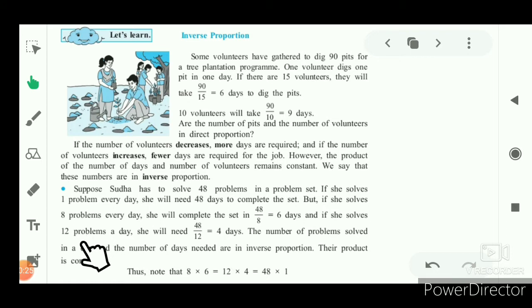And if she solves 12 problems a day, she will need 48 by 12, that is 4 days. The number of problems solved in a day and the number of days needed are in inverse proportion. Their product is constant. So what is constant here? 48 problems. 48 is constant here.